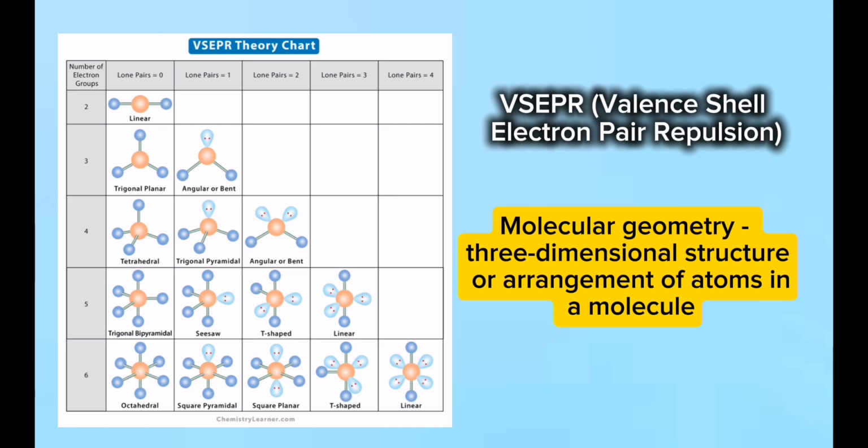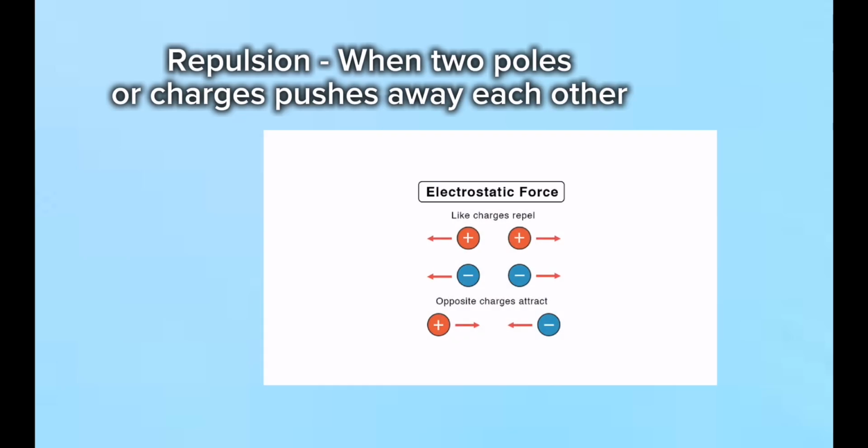The VSEPR theory helps predict the shape of molecules by considering the repulsion between electron pairs in the valence shell of an atom. According to this theory, electron pairs, both bond and lone pairs, around the central atom will arrange themselves in a way that minimizes repulsion, resulting in a specific molecular geometry.